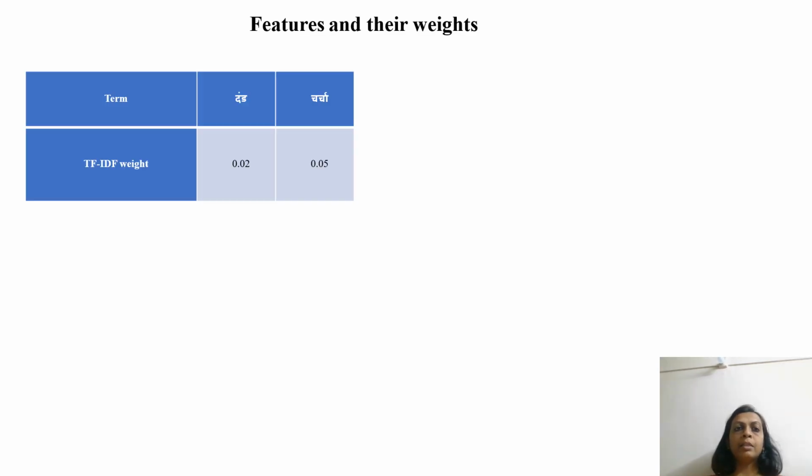Now here you can see the term and TF-IDF weight, which is in a normalized manner. So this is just the sample matrix I have taken to understand how we are considering a term and its normalized TF-IDF weight. So all TF-IDF weights will lie between 0 to 1.